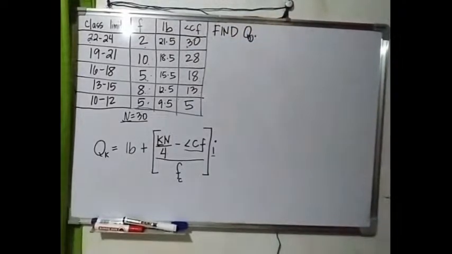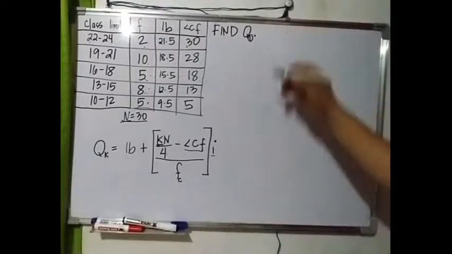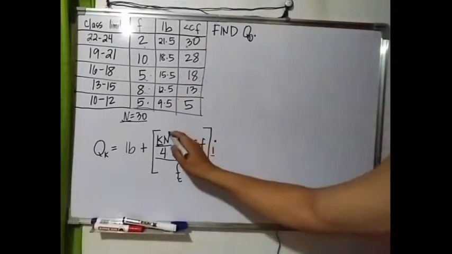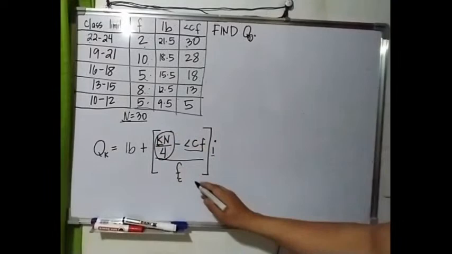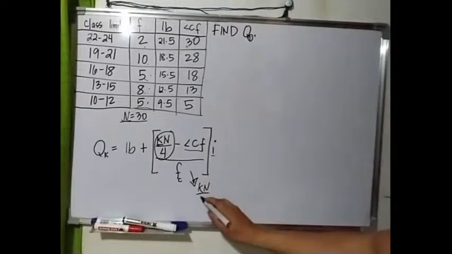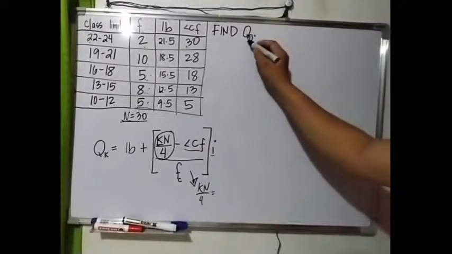cumulative frequency. Next, to find the quartile or first quartile, we will find first ito. Ito yung pinaka-importante. So that is k n over 4. So what is the value of k? That is the given.